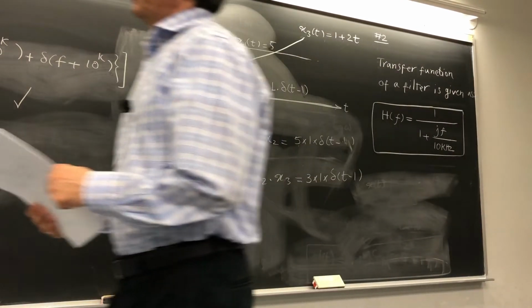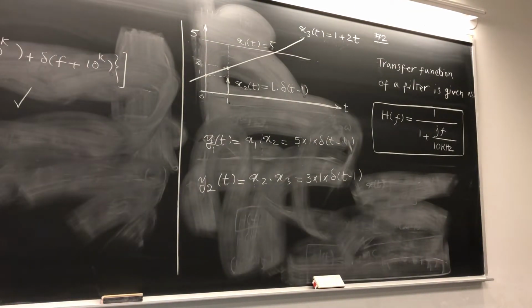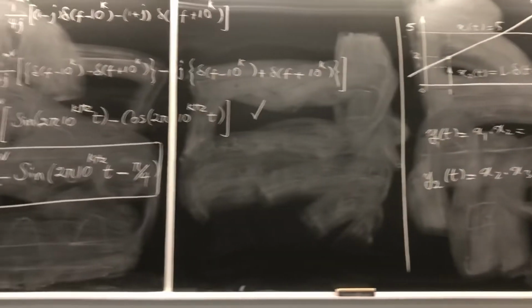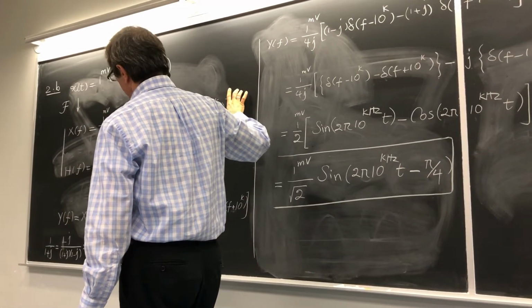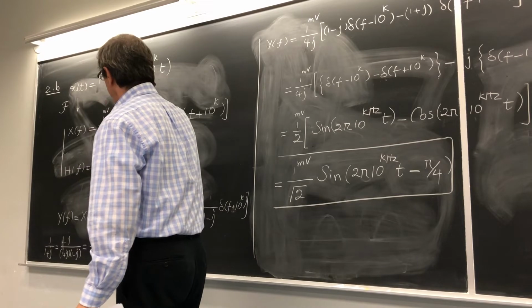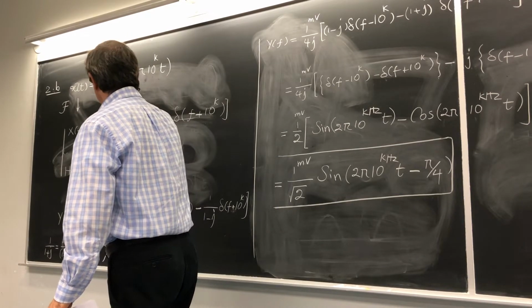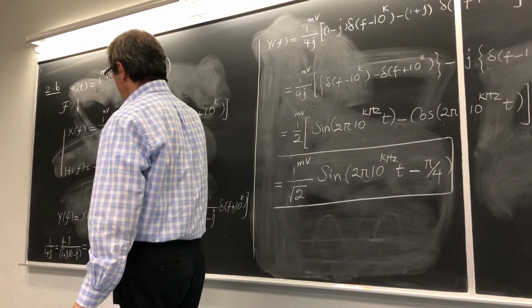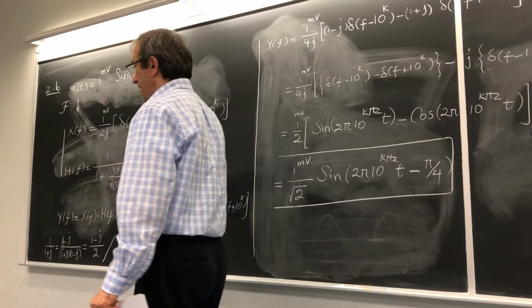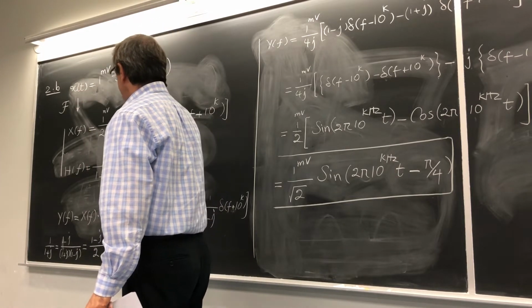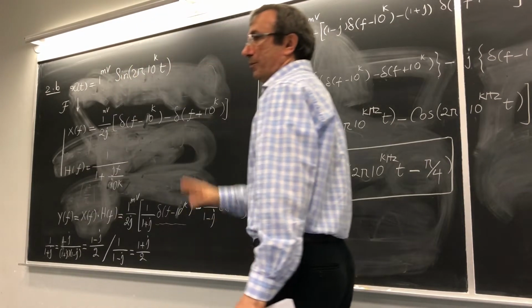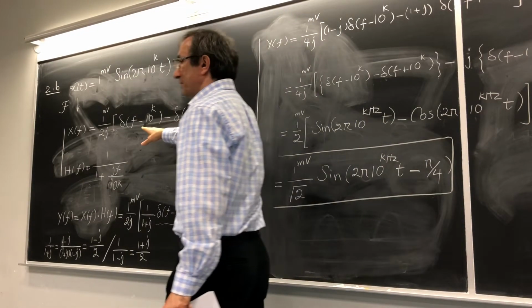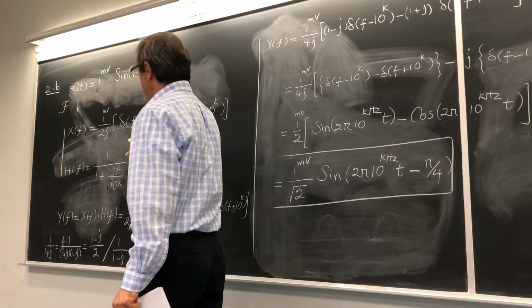Now we have to calculate the multiplication of the input signal and the transfer function. So the product of the delta function at 10k and h of f is calculated by replacing f with where that delta function is located, right?